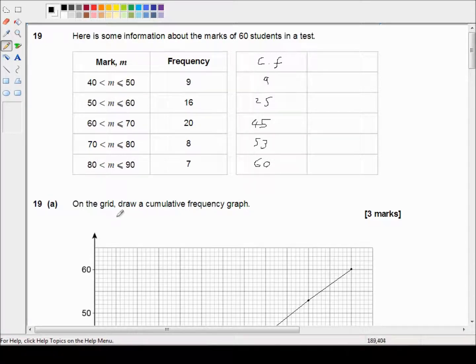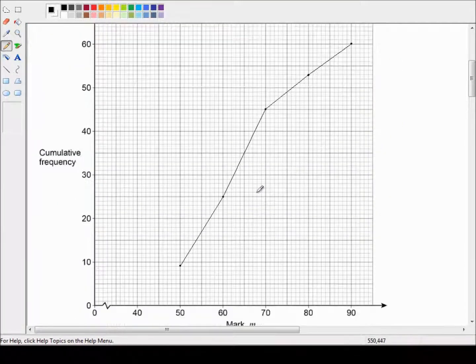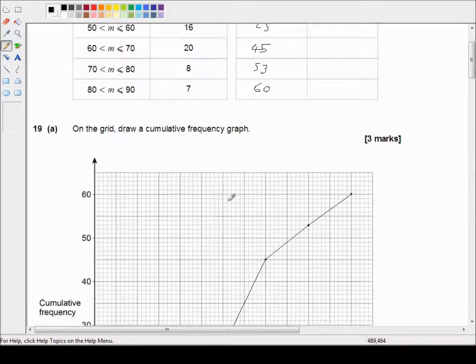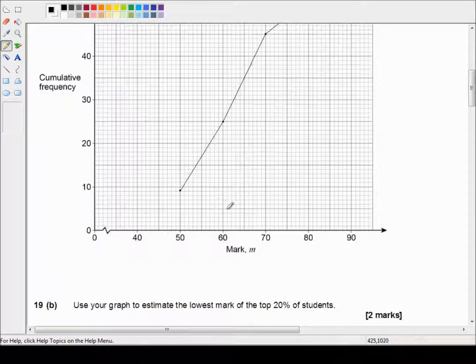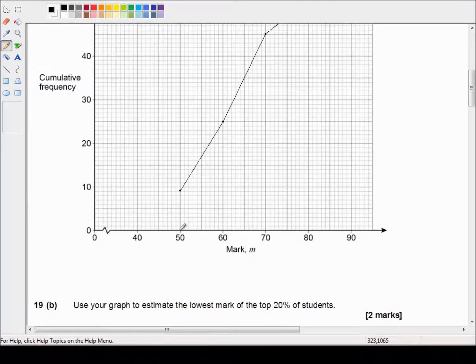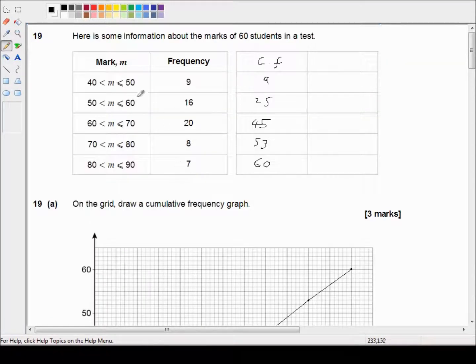Okay, so it says on the grid, draw a cumulative frequency graph. So for a CF graph, what we want is to plot the points on the x-axis. In this case it's the mark. We want to plot on the highest possible boundary. So this is 50.